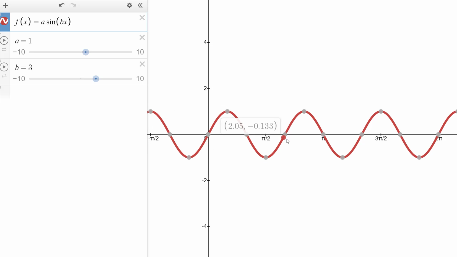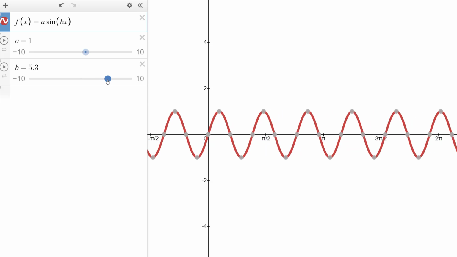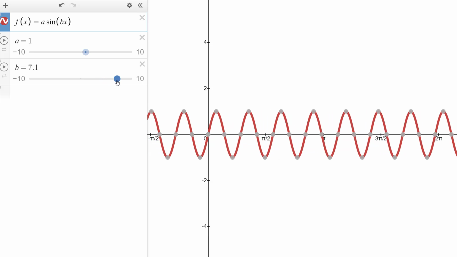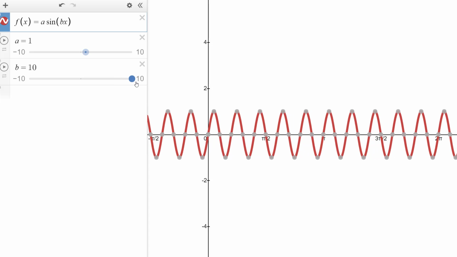It goes through 1, 2, and 3 full cycles in that same amount of time of 2 pi. And so as you increase B, you're actually making the function occur faster. You're compressing the function horizontally so it goes through more movement in a shorter amount of time.